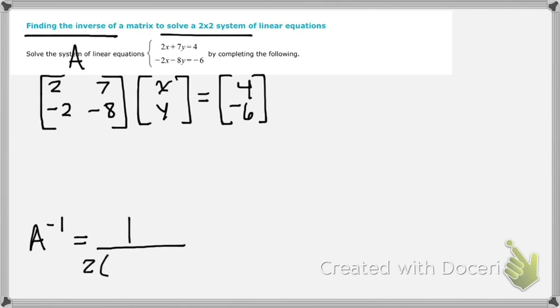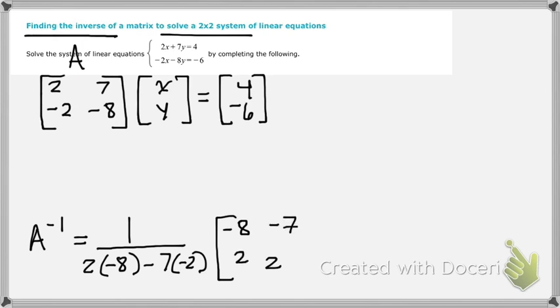I'm going to go 1 over 2 times -8 minus 7 times -2. And then the matrix that I get using the method of inverse is switching those two numbers and doing the opposite of the other two numbers. And that's just following the formula.